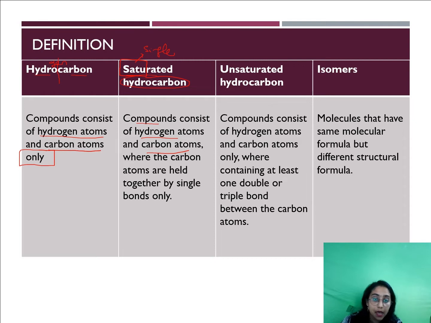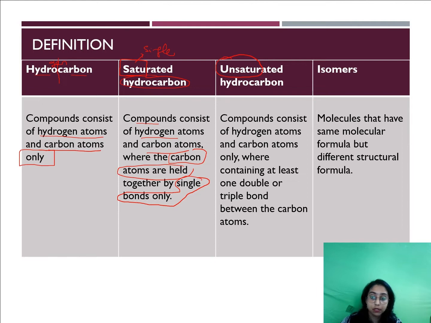So that means the carbon atoms are held together by single bonds only. These are the keywords. Remember, for a saturated hydrocarbon: a compound that consists of hydrogen atoms and carbon atoms, where the carbon atoms are held together by single bonds only.